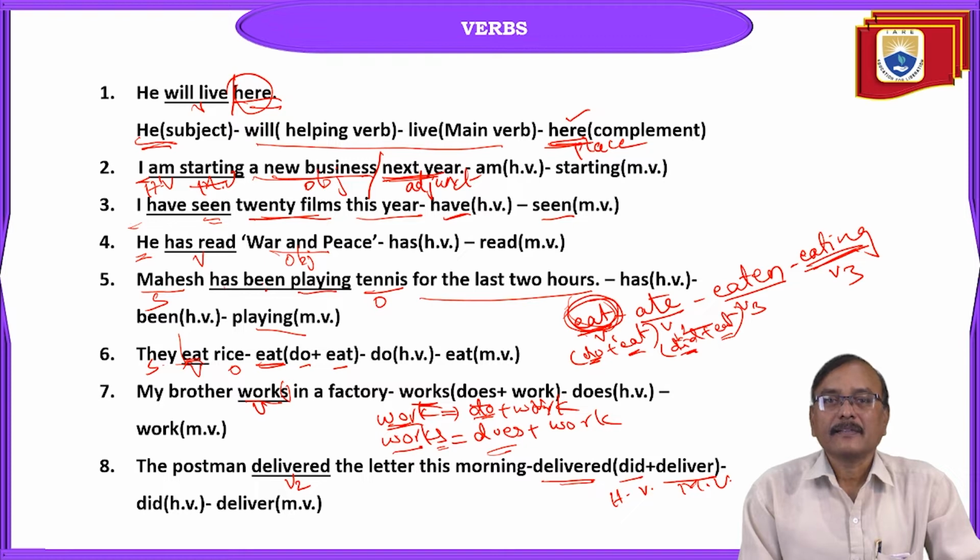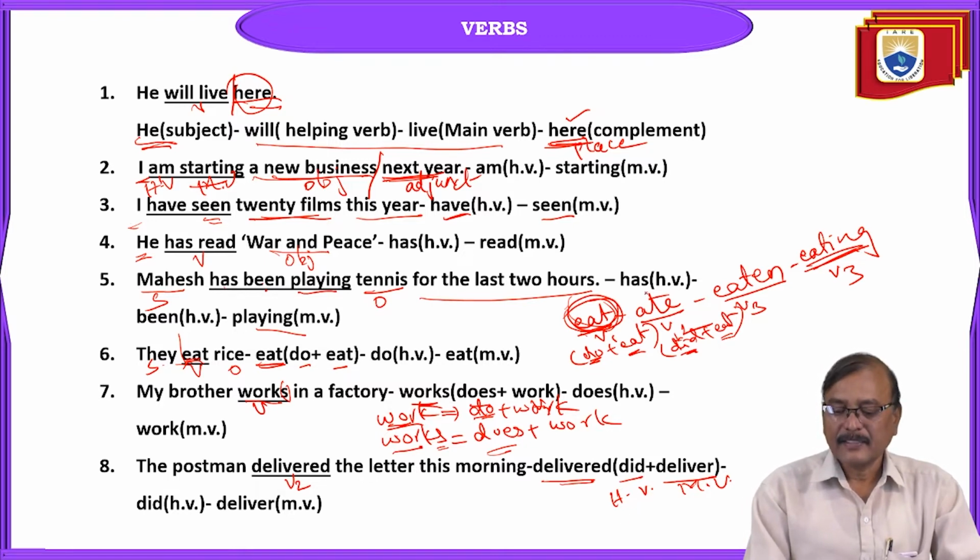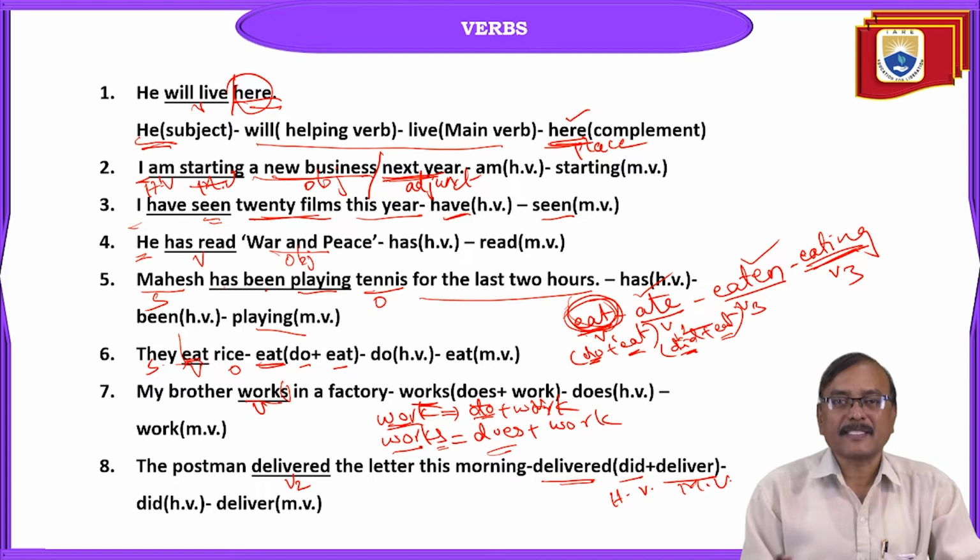For completed actions, generally we use the V2 form or V3 form preceded by some helping verbs: have, has, will have, shall have, or had. For continuous actions, we use the -ing form: present continuous, past continuous, future continuous, or perfect continuous.